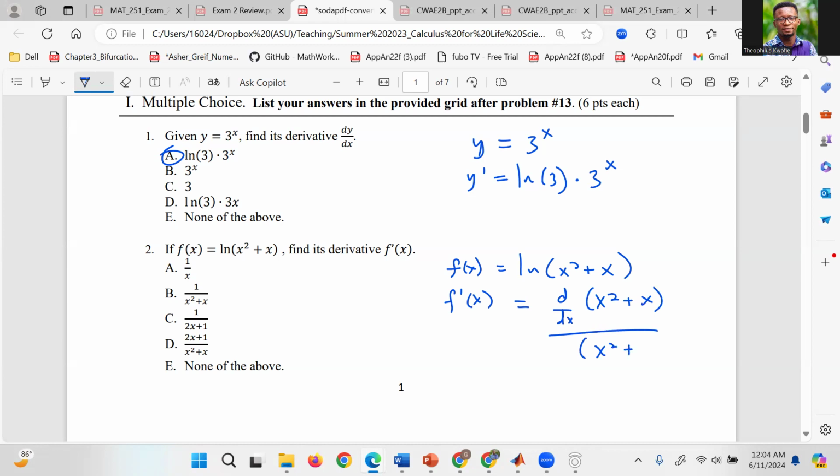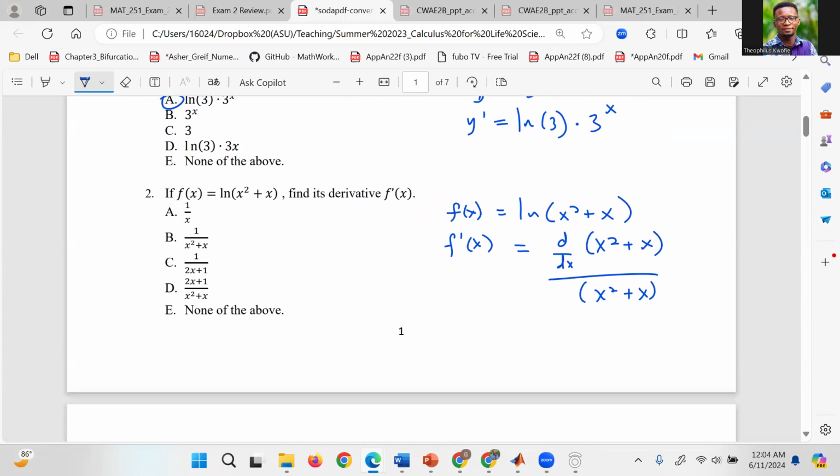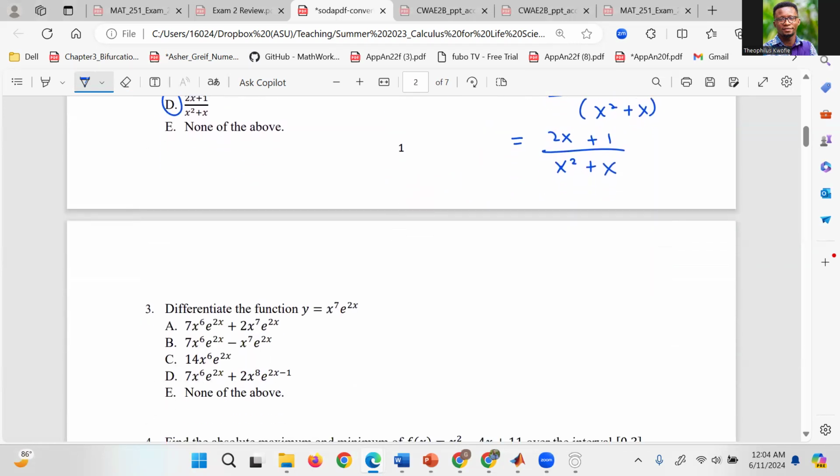Very important. So with that, you're going to have 2x plus 1 over x squared plus x. So on that note, our result will be the D. Is that okay? Good. So let's move on.